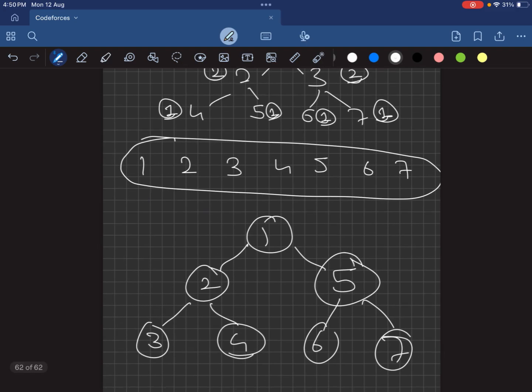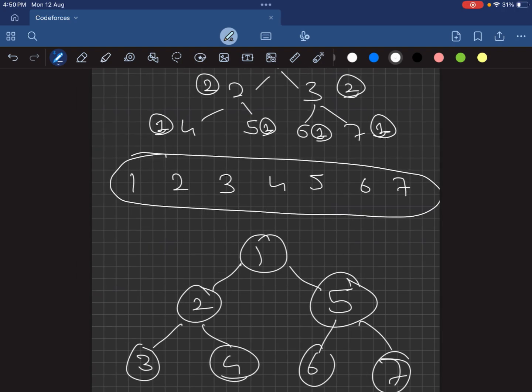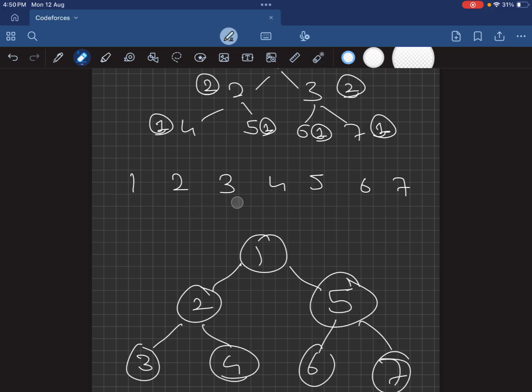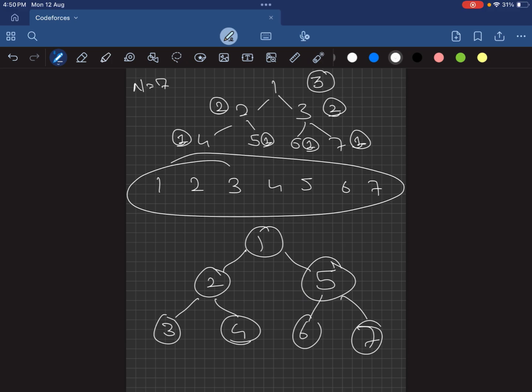Now if at any point your depth is equal to 1, you won't have any children. But if your depth is greater than 1, who will be your children? In this case, 1's depth is 3, and 1's children will be 2, which will have a lower depth.